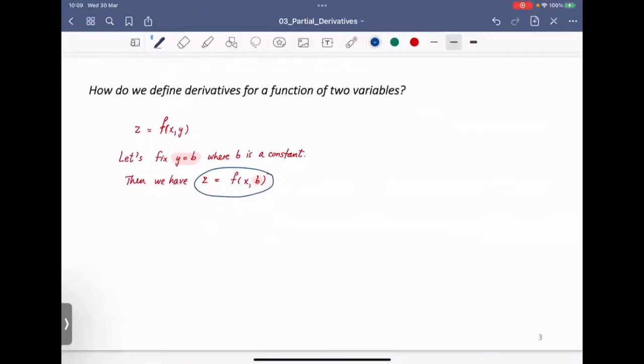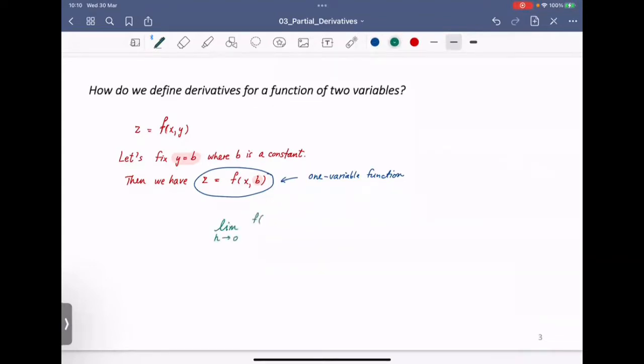This is going to be just a single variable function. This thing comes back to a one variable function, because you already fixed b to be constant. Once you have a function of one variable, you can use the same definition as you did in calculus 1. So now we're going to define this to be the limit where h goes to 0.